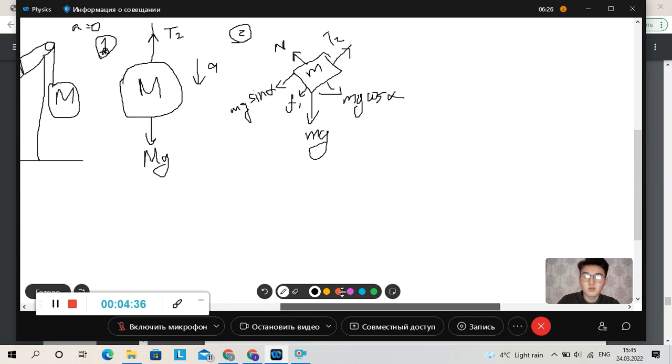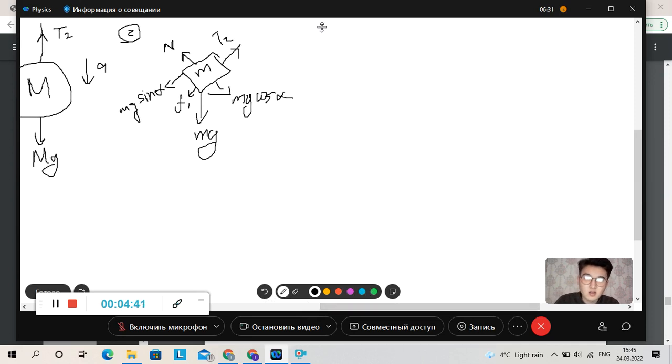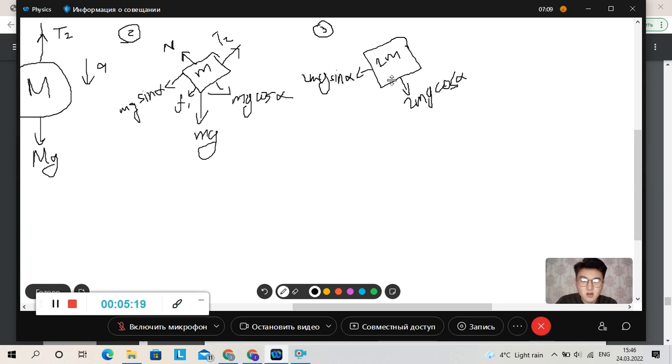The third part, I will draw the 2M's forces. Also 2mg cosine alpha, and in this direction 2mg sine alpha, and then we also have friction force, friction 2, and then the normal, and the tension.